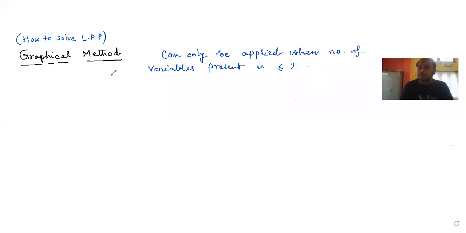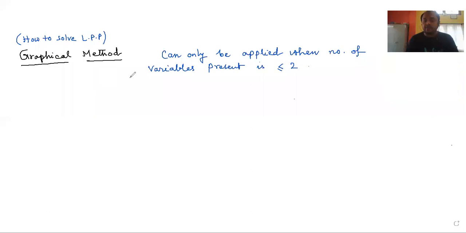Okay, if the number of variables is less than or equal to 2, then you can draw a two-dimensional figure, isn't it? And then you can very easily analyze that. There was one book by some author, I forgot his name, he was from India and from Bengal Engineering and Science University.